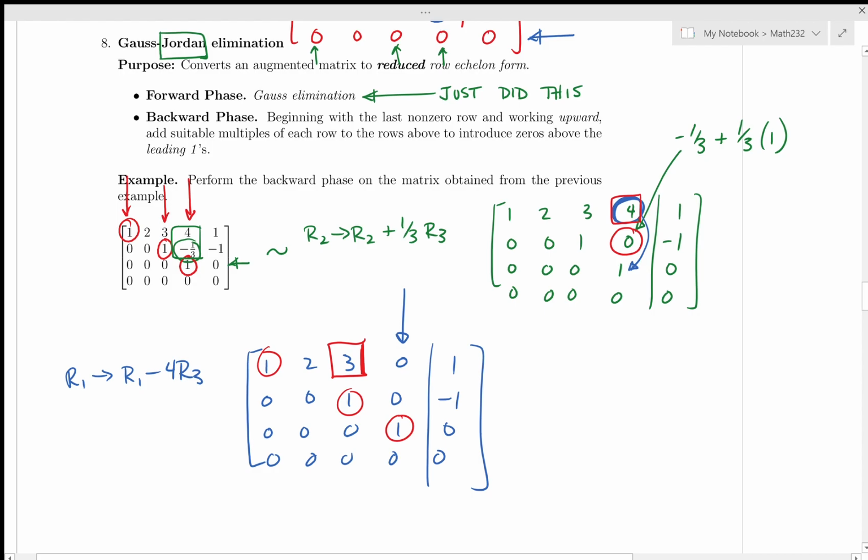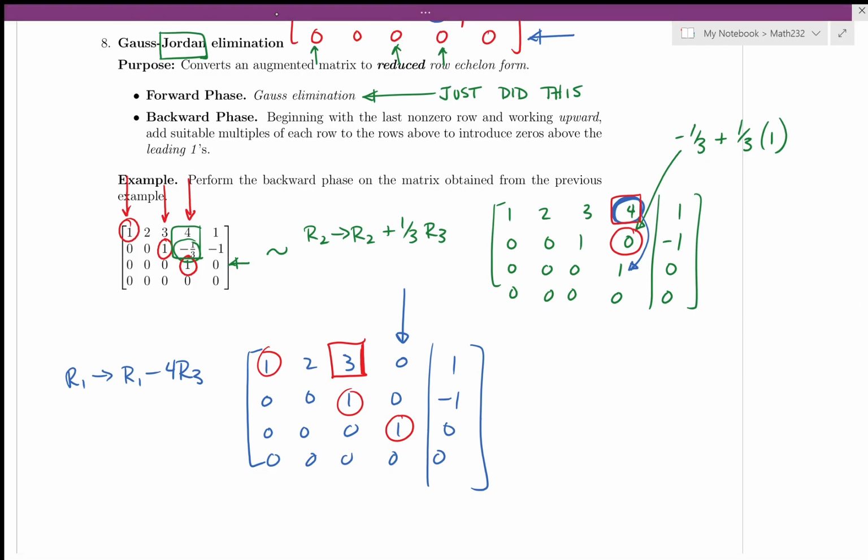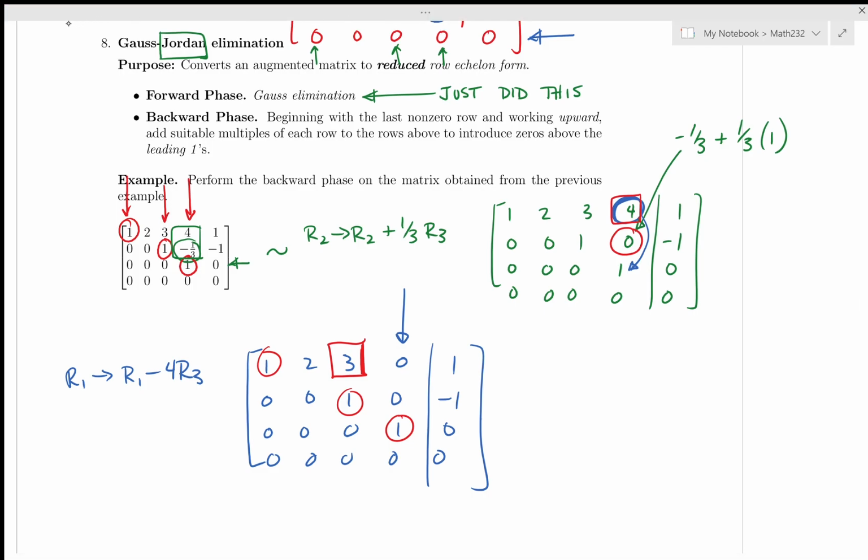What do I do to get a 0 into that boxed-in 3? R1 will be replaced with R1 minus 3R2. That's going to do it.